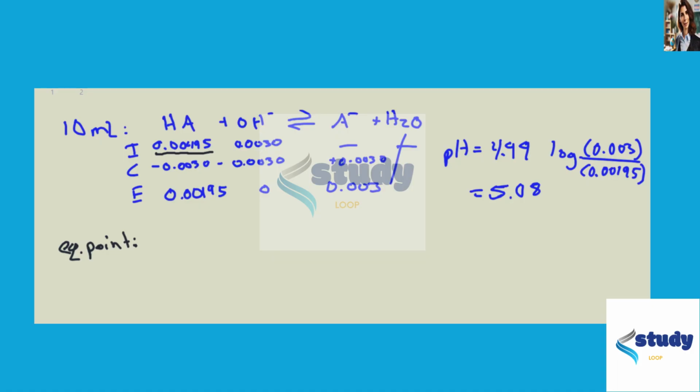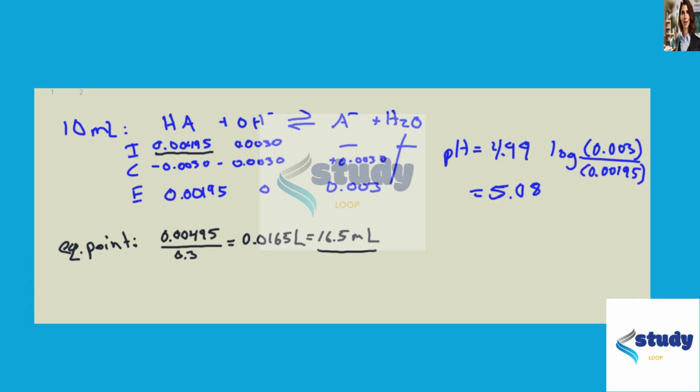So if we divide this value for moles by 0.3, which is the concentration of the hydroxide, we get 0.0165 or 16.5 milliliters. So this is the volume of our equivalence point.